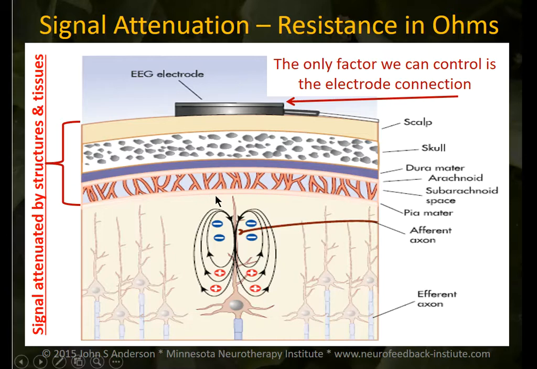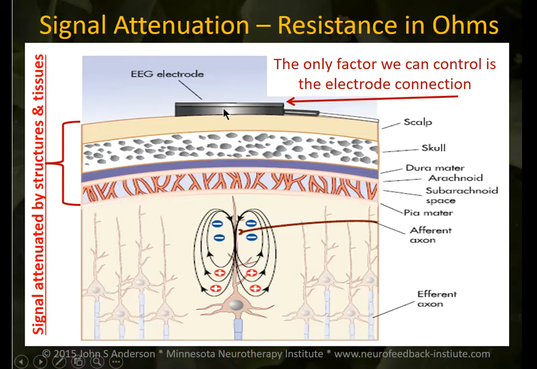Now, those structures resist the passage of this electrical field. If we put a sensor in the actual cortex near one of these pyramidal neurons, we'll see readings in the millivolt or thousandths of a volt level.